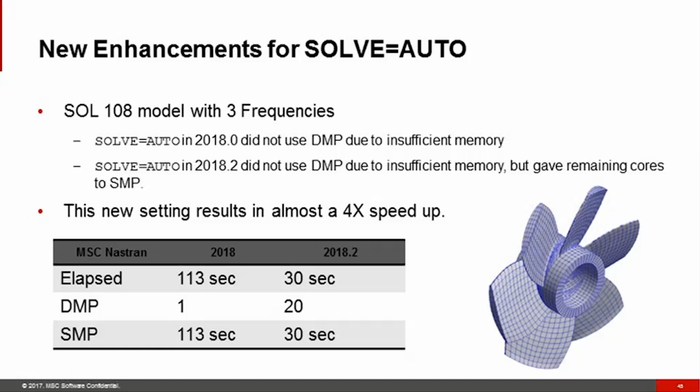So again, it tried for DMP and then the remaining go to SMP, which will improve your analysis runtime. In this case, you see the new setting resulted in up to 4 times speedup for the analysis. The model runtime was reduced from 113 to 30 seconds.